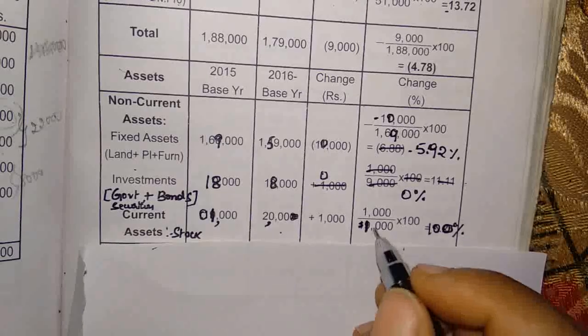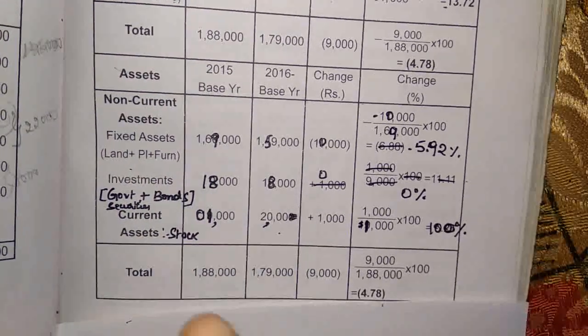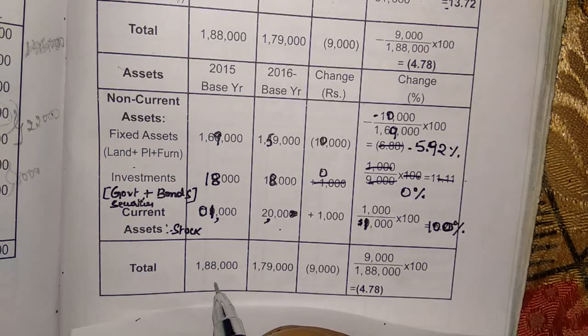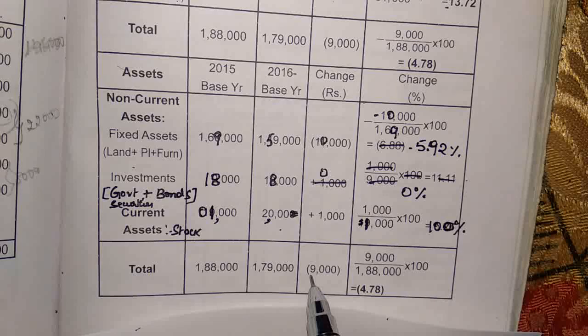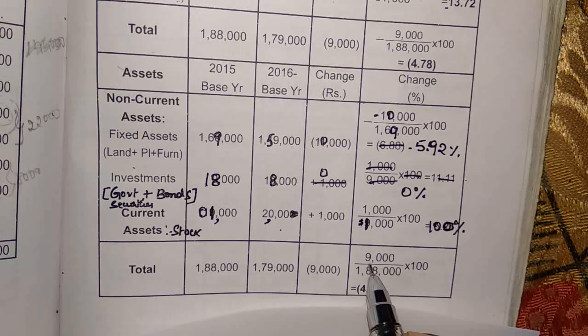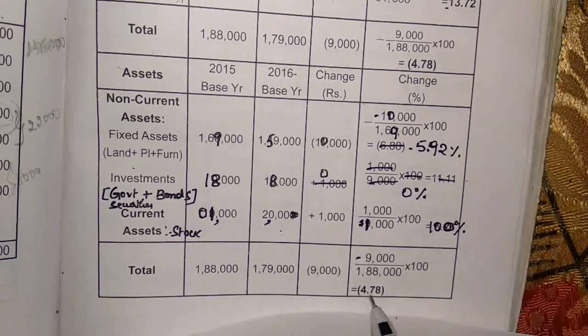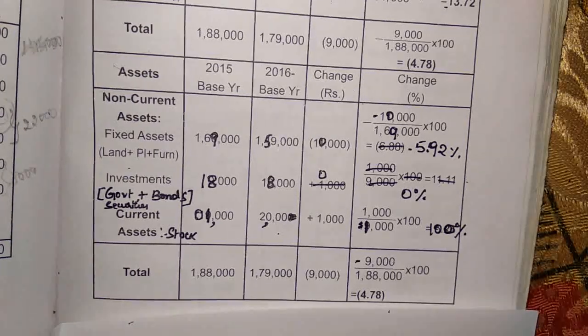So 1,000 by base year value 1,000, 100%. And total of assets in the base year 1,88,000, current year 1,79,000, reduces by 9,000. And percentage change is 9,000 divided by 1,88,000 into 100, 4.78. Negative figure we are getting.